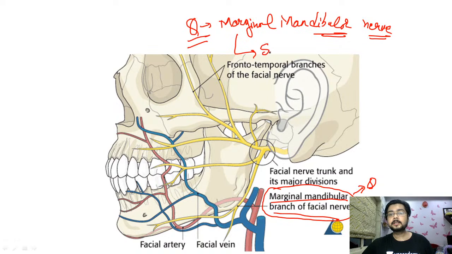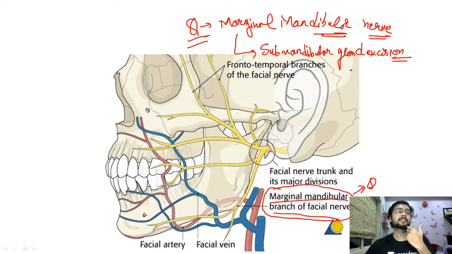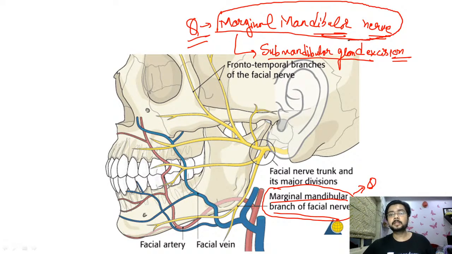So in submandibular gland resection, submandibular gland excision, and in case of neck dissection, when you are elevating the flap or working somewhere here in the submandibular triangle, there is a risk of damaging the marginal mandibular nerve. That is why while giving the incision, we take care of this marginal mandibular nerve.